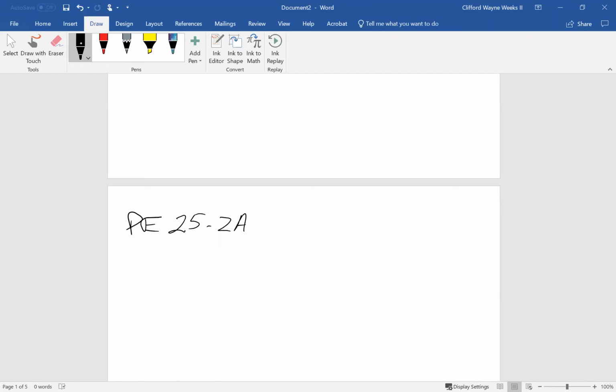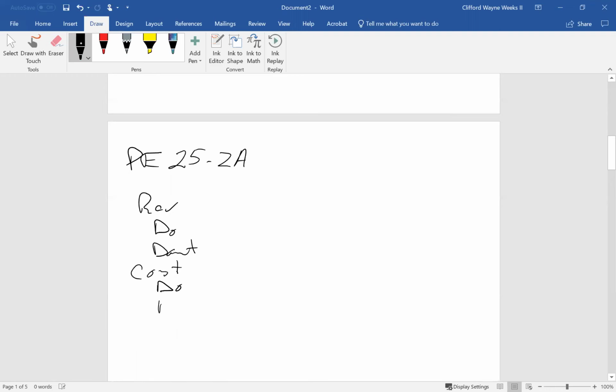Well, you need to understand that this scenario is a do or don't do. So looking at the revenues, let's do option 1, do and don't. Costs, do and don't. And differential income.